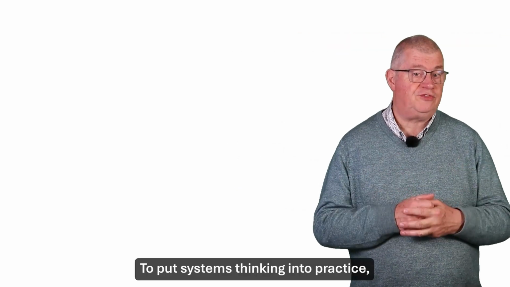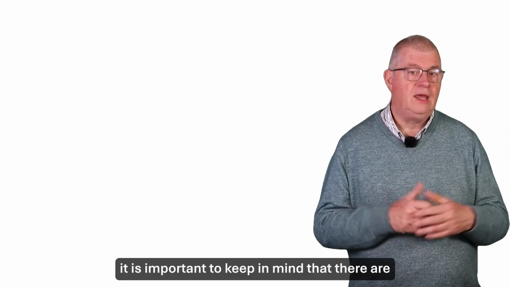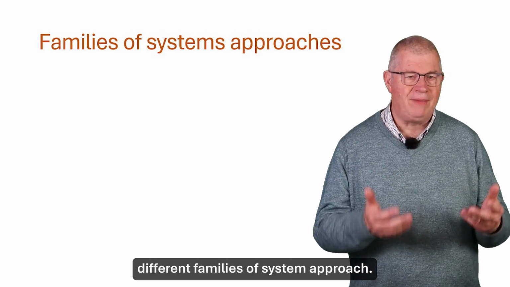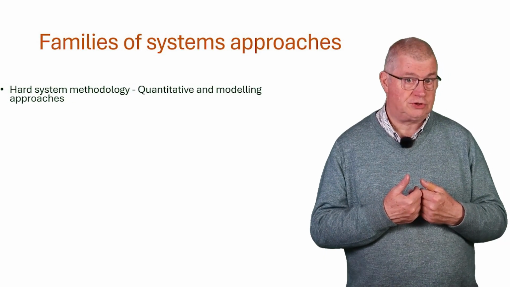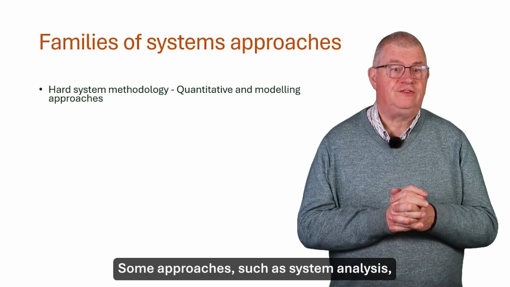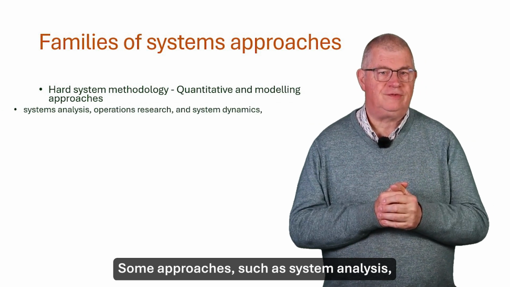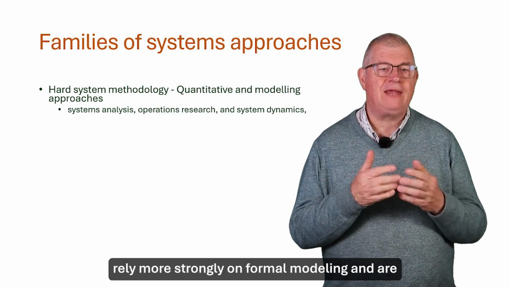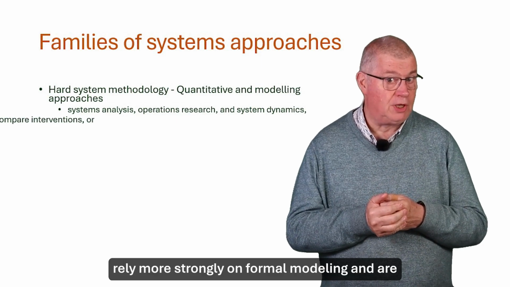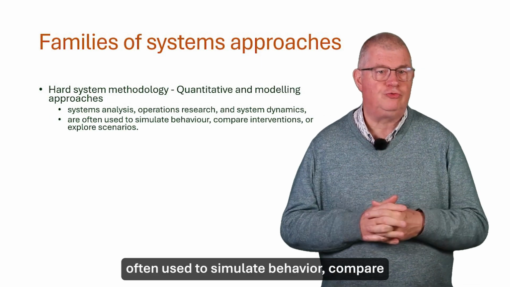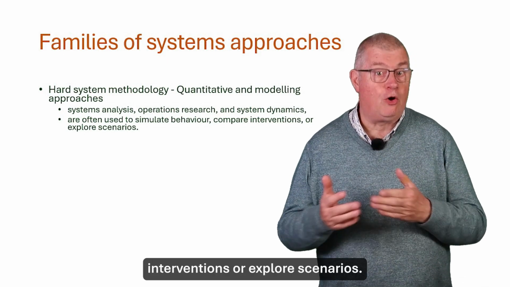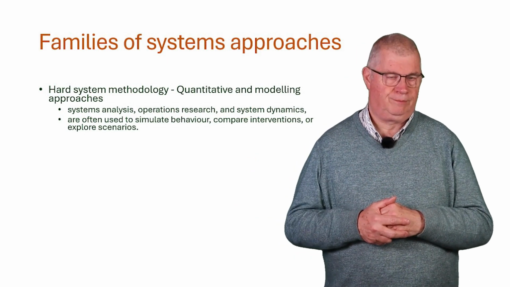To put systems thinking into practice, it is important to keep in mind that there are different families of system approaches. Some approaches, such as system analysis, operational research, and system dynamics, rely more strongly on formal modeling and are often used to simulate behavior, compare interventions, or explore scenarios.